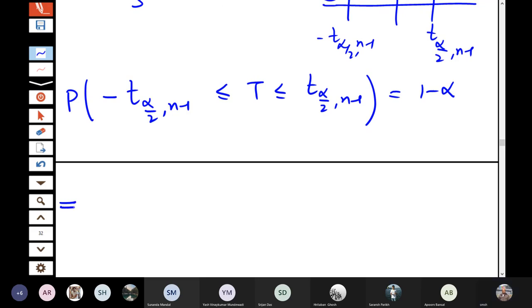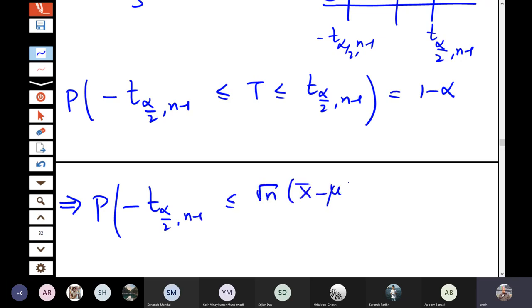So minus t alpha by 2, n minus 1 less than or equal to root n (x bar minus mu) by s less than or equal to t alpha by 2, n minus 1, that is equal to 1 minus alpha.